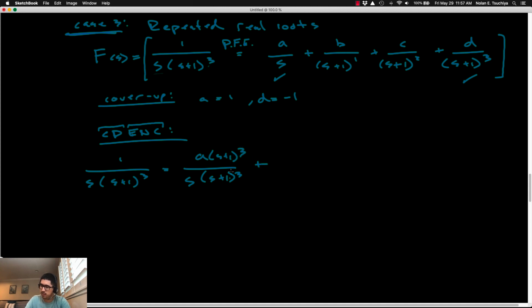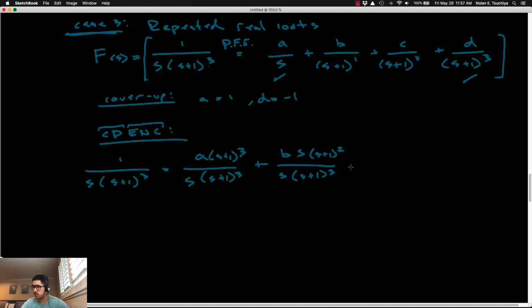Okay, so I've got a common denominator on the a term. The b term, well, in the denominator, I have one term of s plus 1, but I need an s, so I'll multiply top and bottom by s, and I want s plus 1 cubed. I've already got 1, so I need to multiply top and bottom by s plus 1 squared, right?